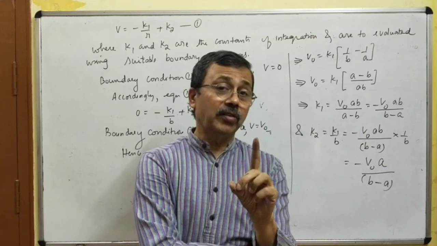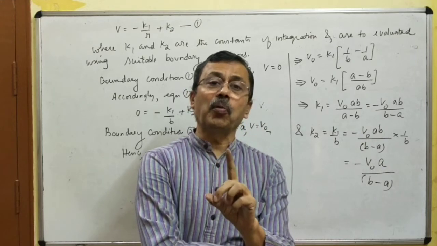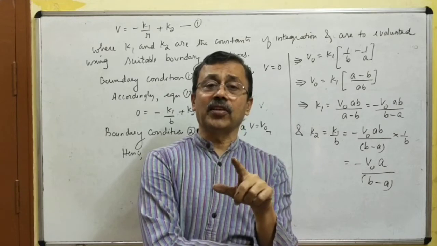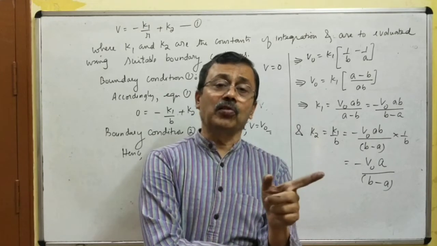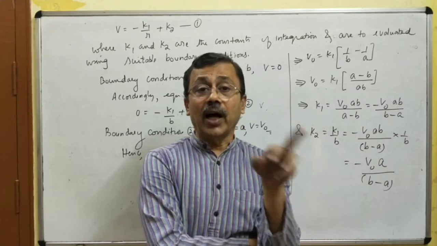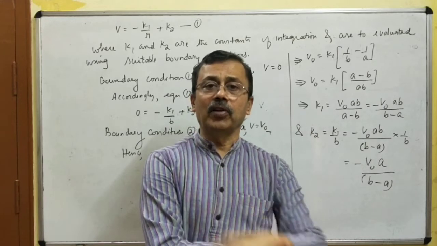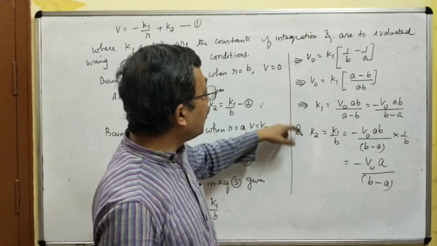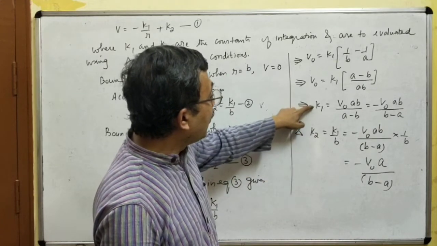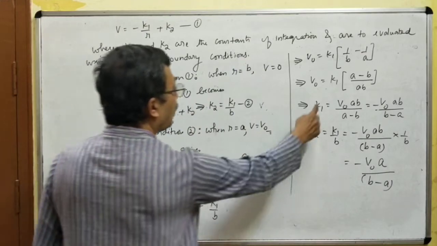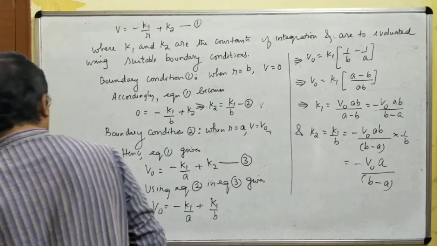That gives two integration constants, k1 and k2, which are evaluated by making use of the boundary conditions. When r is equal to b, v is 0. When r equals a, v equals v naught. The constants upon evaluation are found to be k1 equals this much, k2 equals this much. Now the values of k1 and k2 I substitute in equation 1.